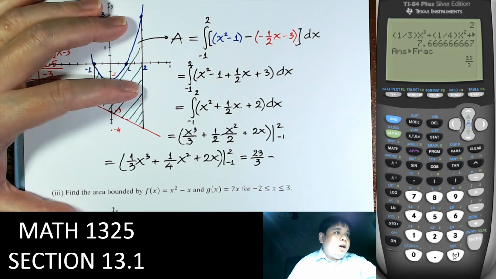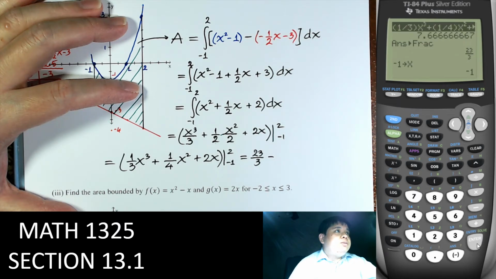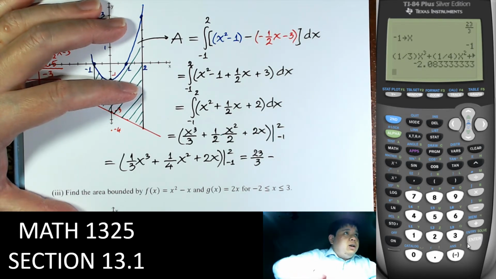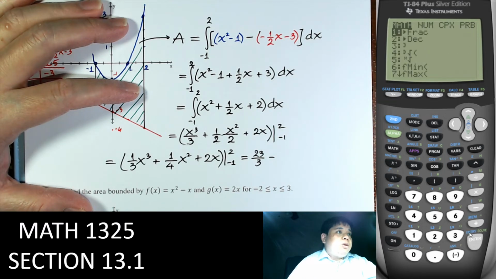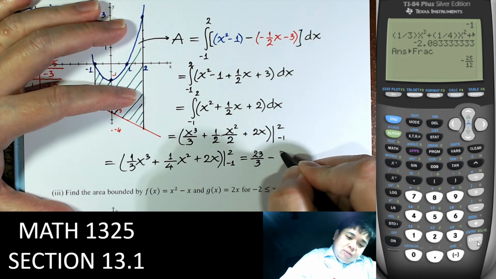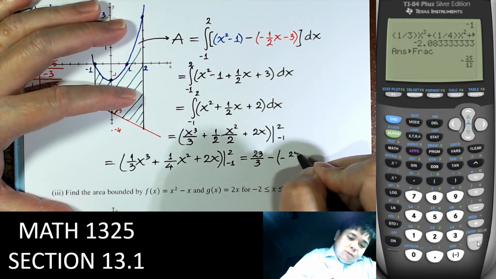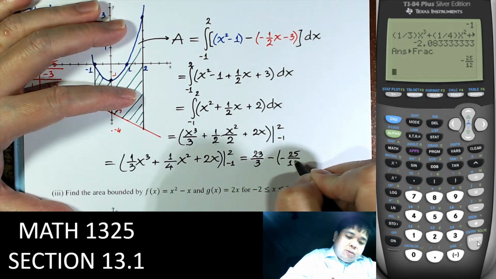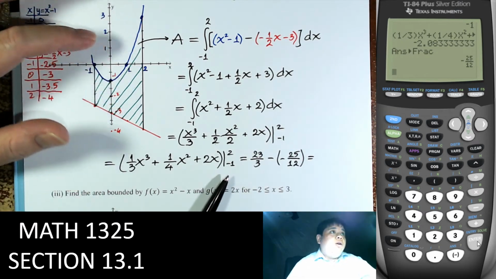And now we store -1 into x and evaluate the same function. And we can convert that to fraction as well. -25 over 12. Right.